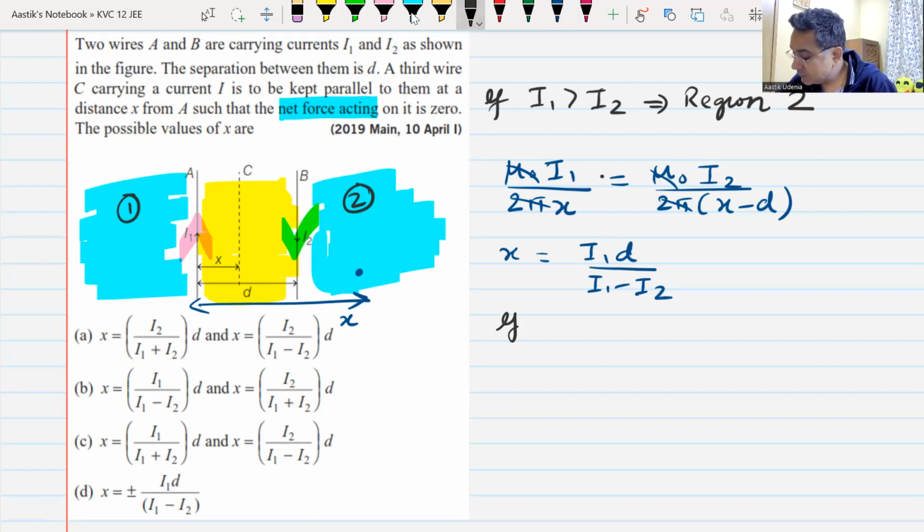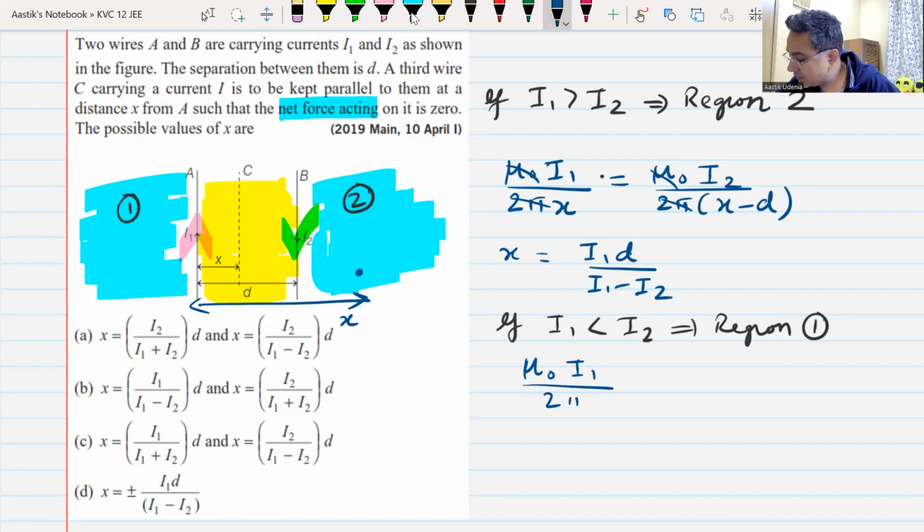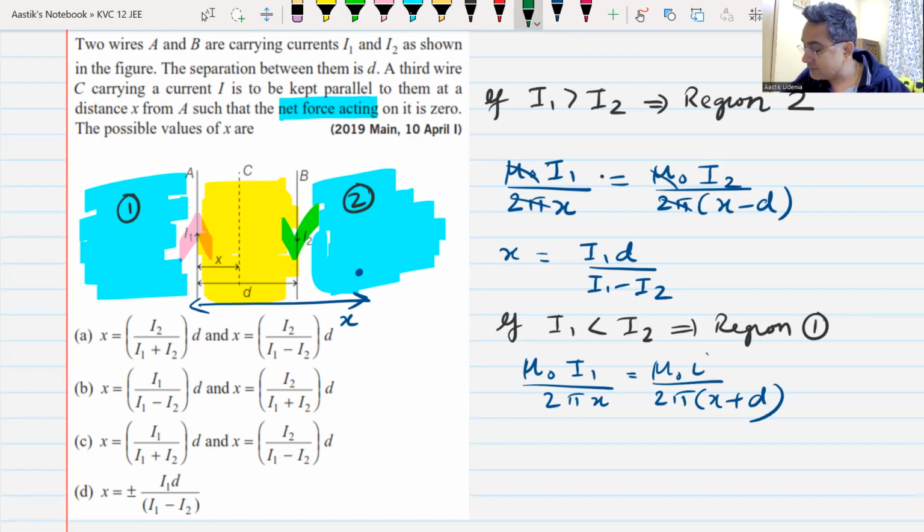Second case, if I1 is smaller than I2, then it will happen in region number 1. Magnetic field due to this one will be mu naught I1 upon 2 pi x. That does not change. But for this one, it will be mu naught I2 upon 2 pi into x plus d, because in this case the x is here.